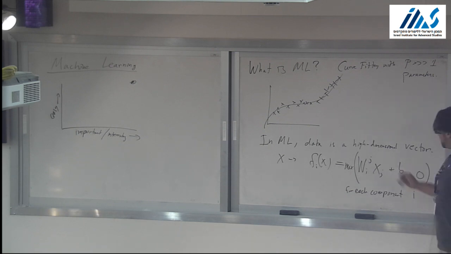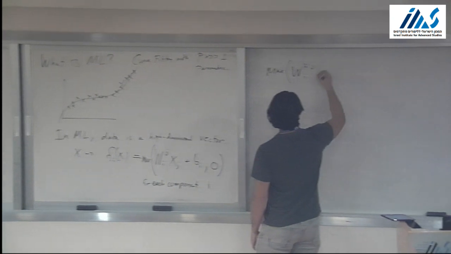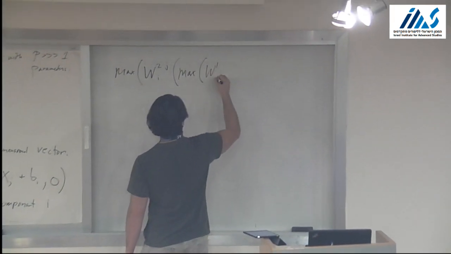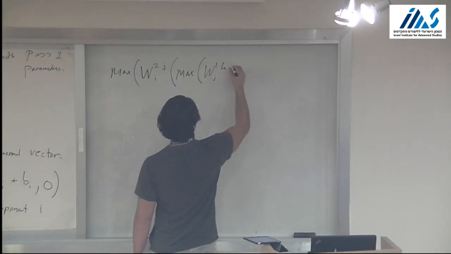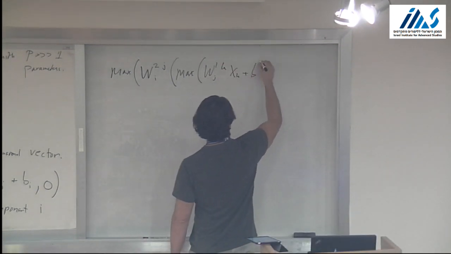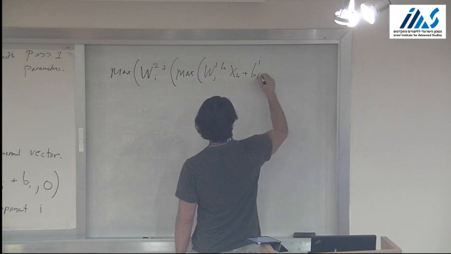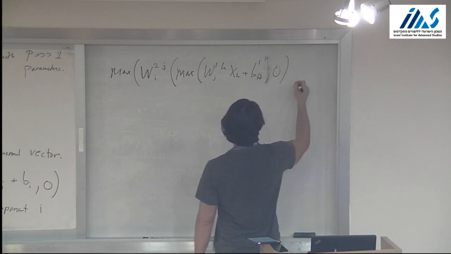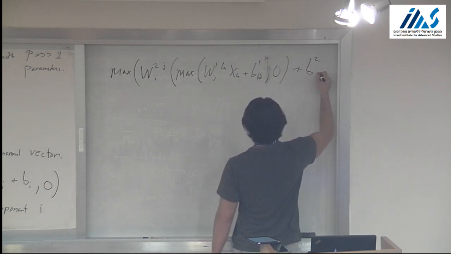So I can compose these, so to be really explicit, I can have max of W2_ij of max of W1_jk x_k plus B1_j, 0, plus B2_i.